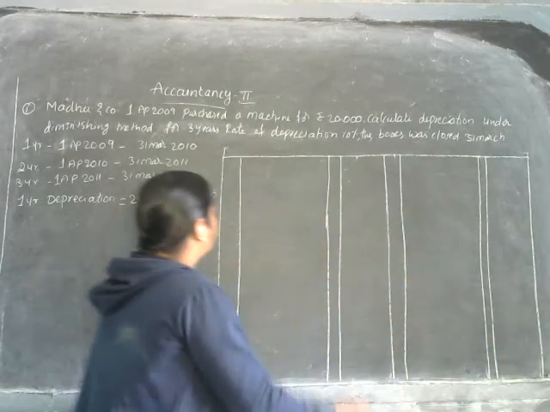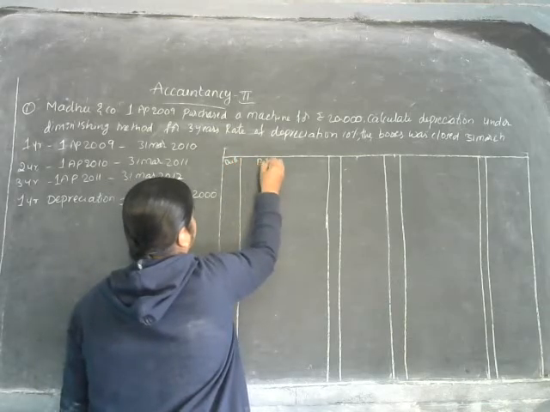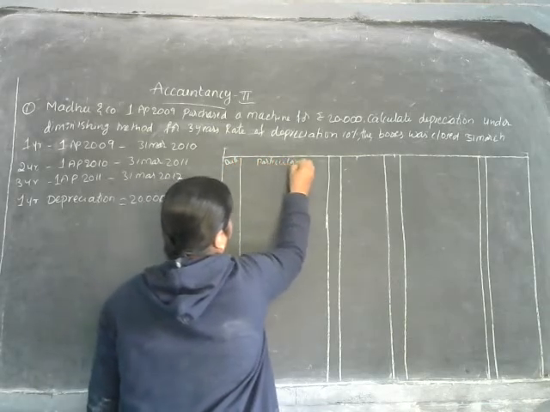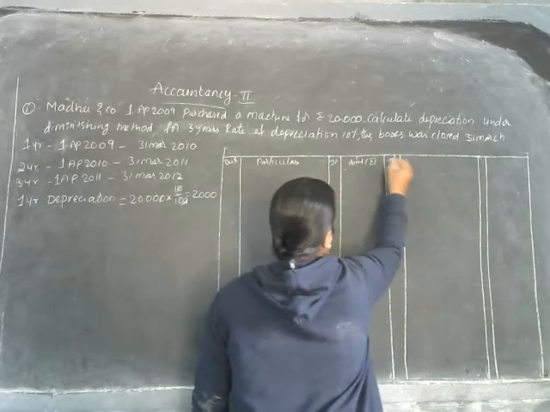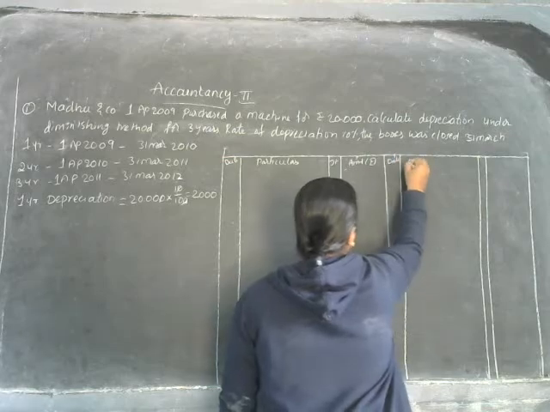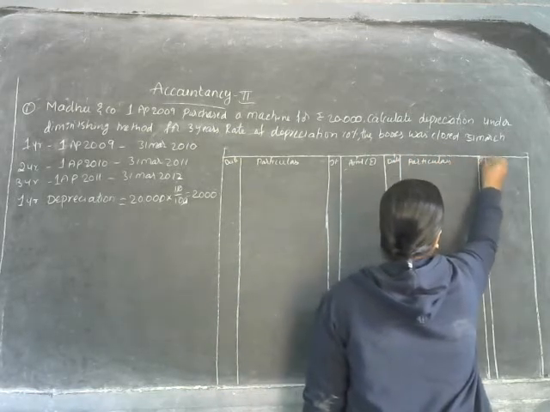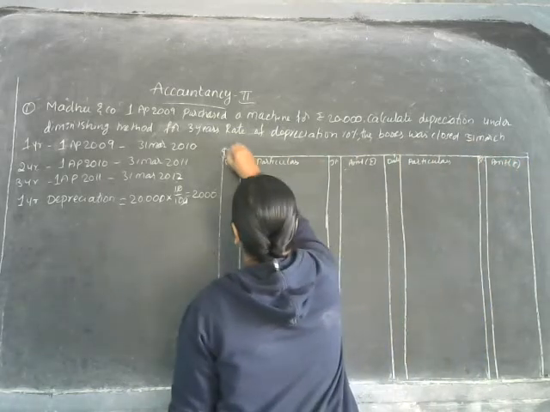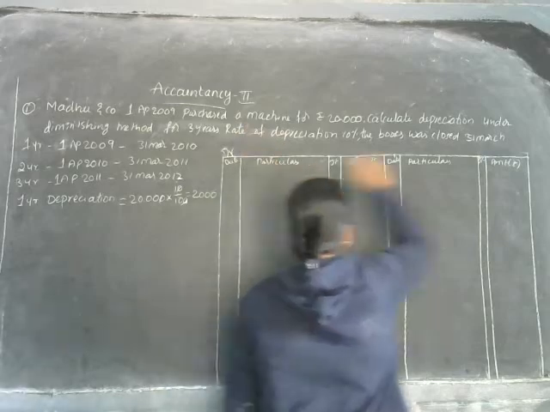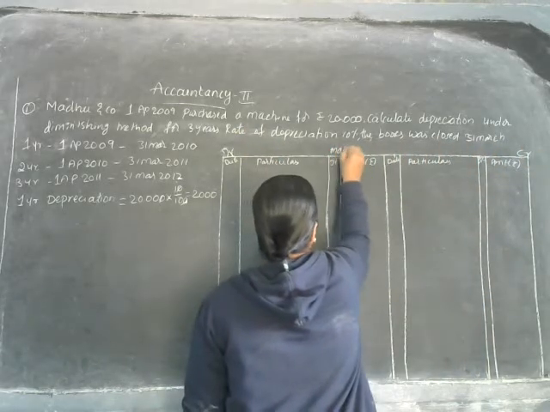Right here, same columns are created also. And this is the account only. Right now the debit side is up, and here the credit side. This is a machinery account. Write the title, machinery account.